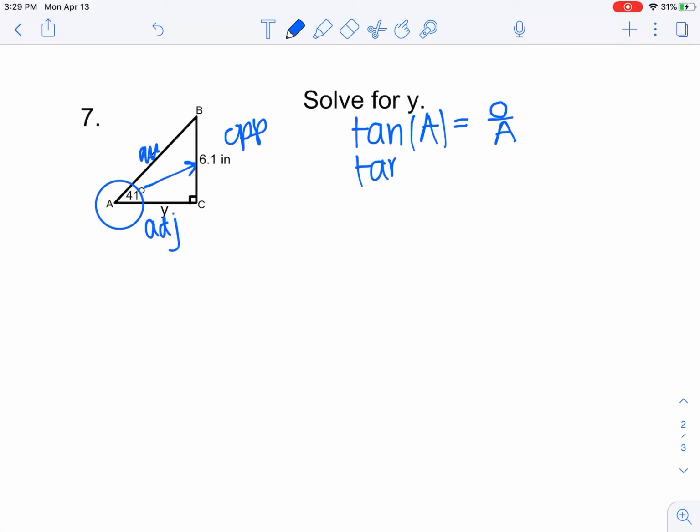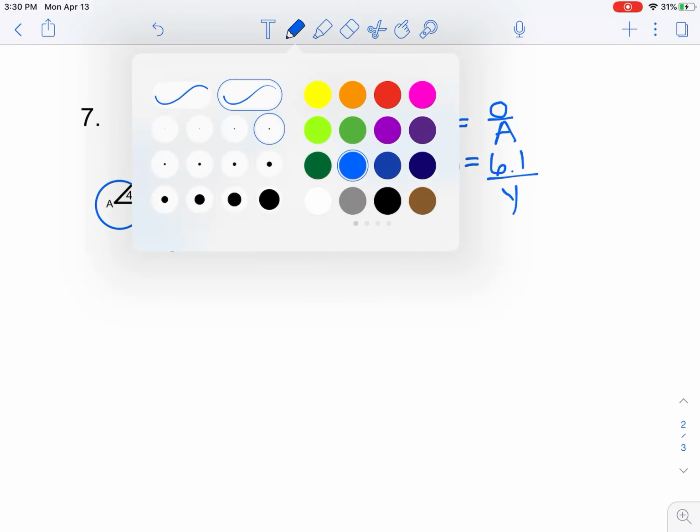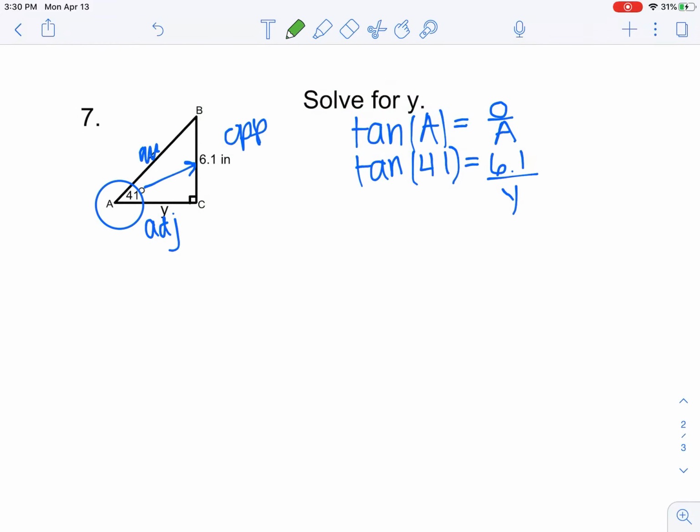We know that angle A is 41 degrees. Our opposite side is 6.1, and our adjacent side is y. To solve for y, we can multiply both sides by y. That gives us y times the tangent of 41 equals 6.1.